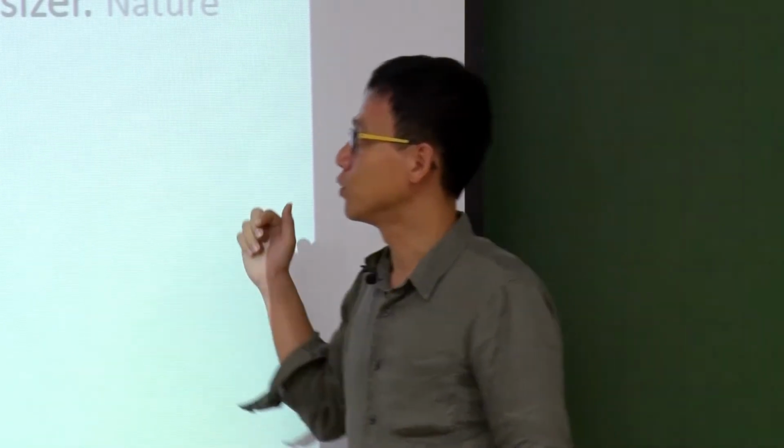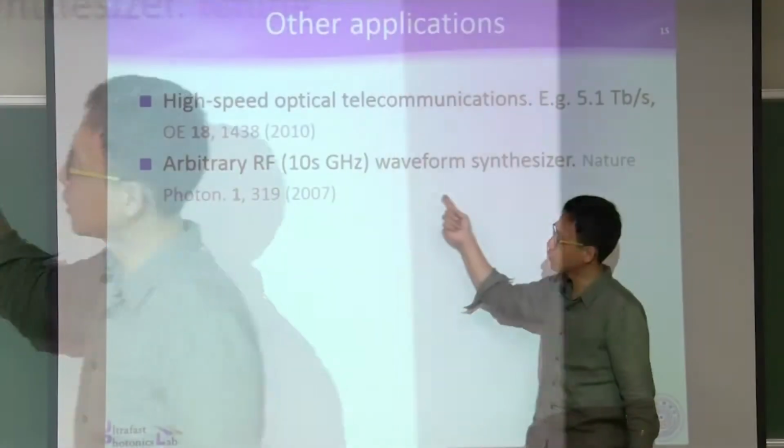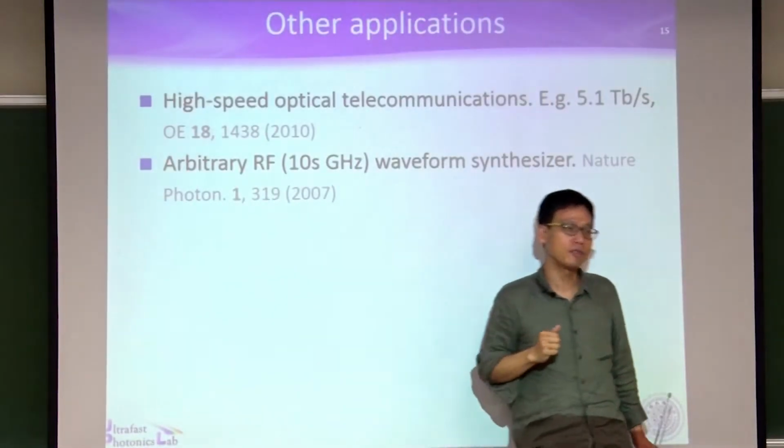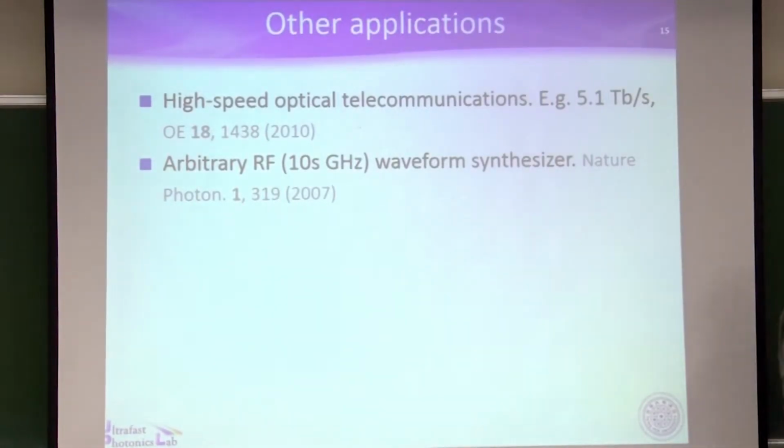Arbitrary means not only sinusoidal, square, sawtooth, but anything you want. That means arbitrary waveform. And you need arbitrary waveform, and the bandwidth is so high, it's usually very difficult. But with the assistance of ultrafast optics, actually we can do that.